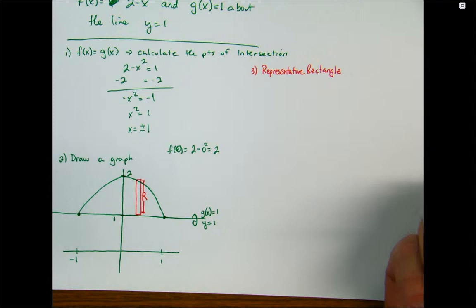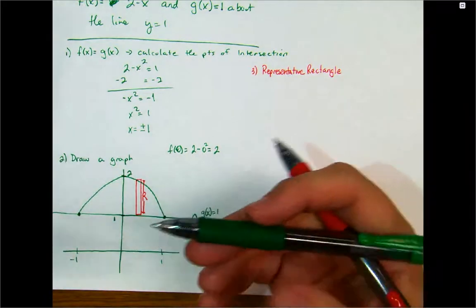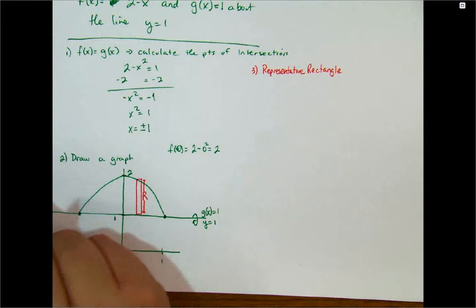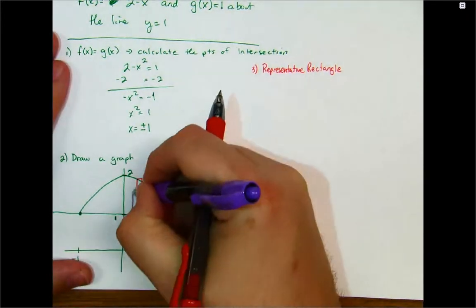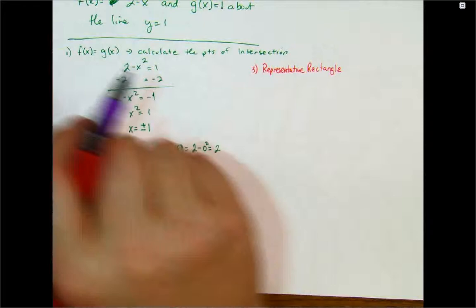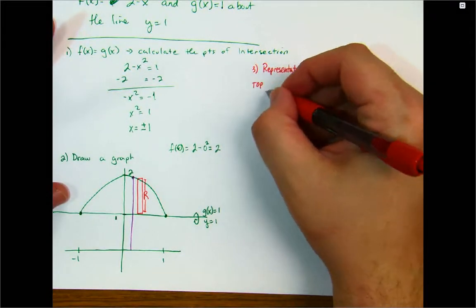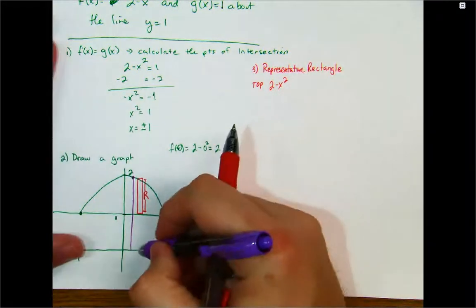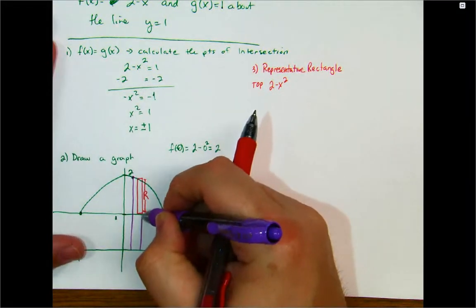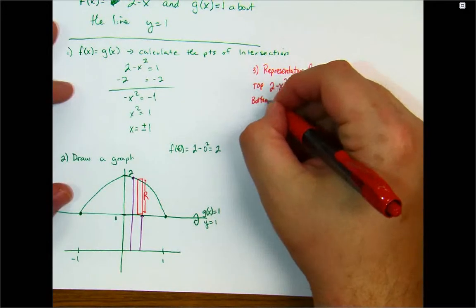Now, what's the length from the x-axis actually comes into play now, because what's the distance to the top? All right, so the top of the rectangle is 2 minus x squared. And then what's the distance to the bottom? 1. So the bottom is 1.